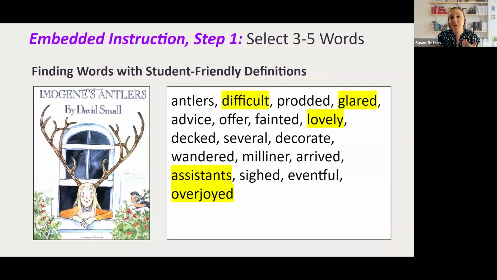You could just think about what words you think are most important for your students. I like to look at the pictures and choose words that have good picture support in that particular book, because that's a great way to reinforce learning, especially for younger students and for emergent bilinguals. And so we chose difficult, glared, lovely, assistance, and overjoyed to continue on with, though there are no wrong answers in this part here. All of those words are good options for instruction.